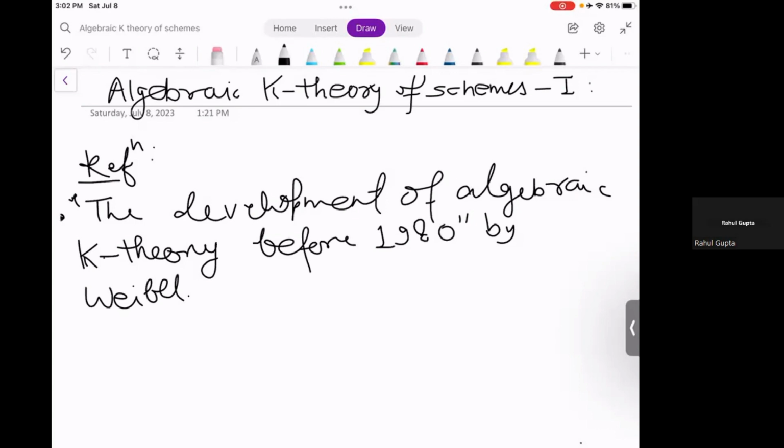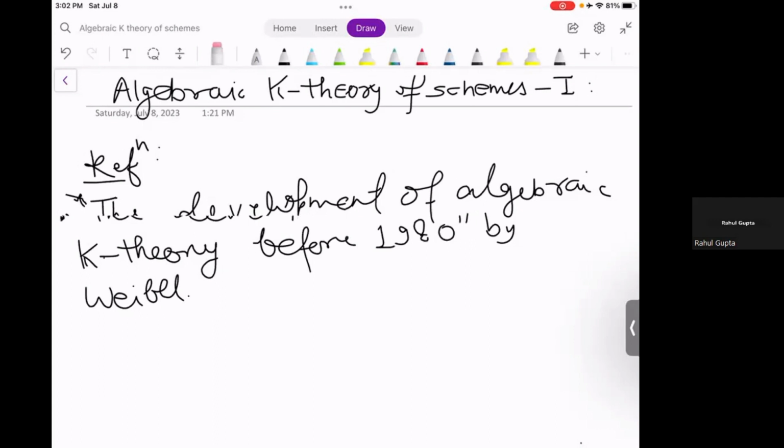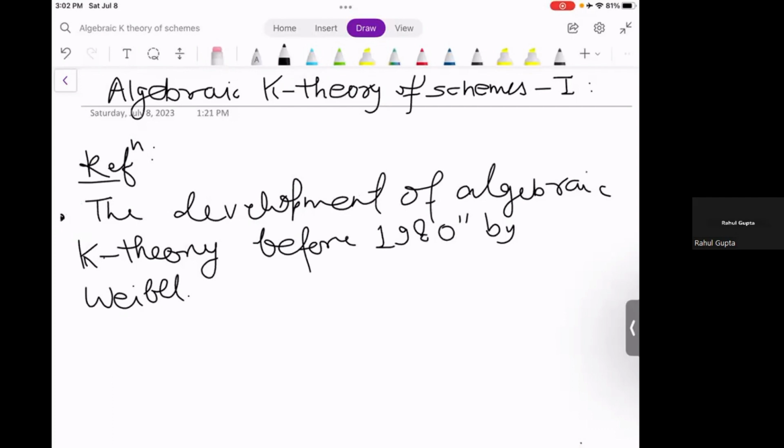It is a good start to see why and how things progressed in this area, and you will see most of the progress in this series of lectures.